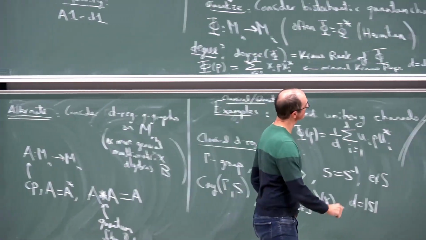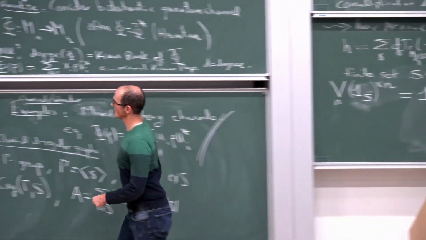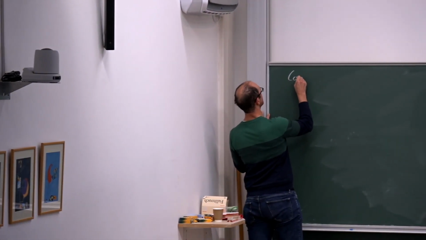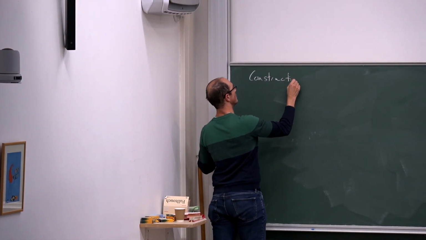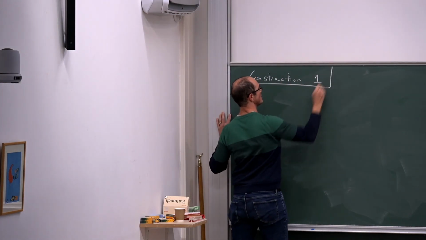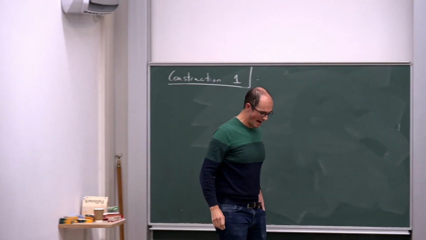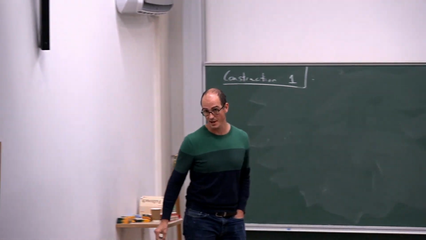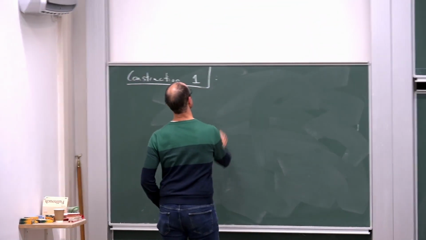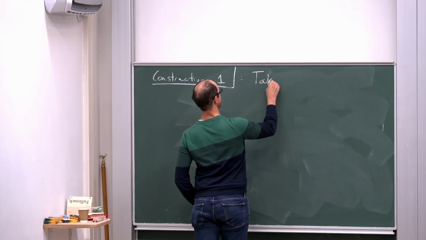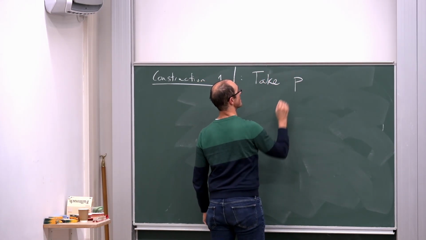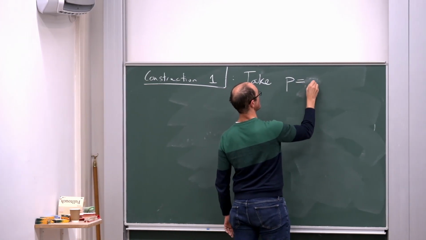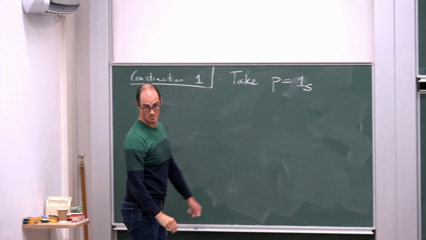And so how do you construct channels from these things? Okay, so construction one is you can look at, of course, the quantum Cayley graph associated to a projection supported on S. So take, for example, P equal to 1_S, okay?